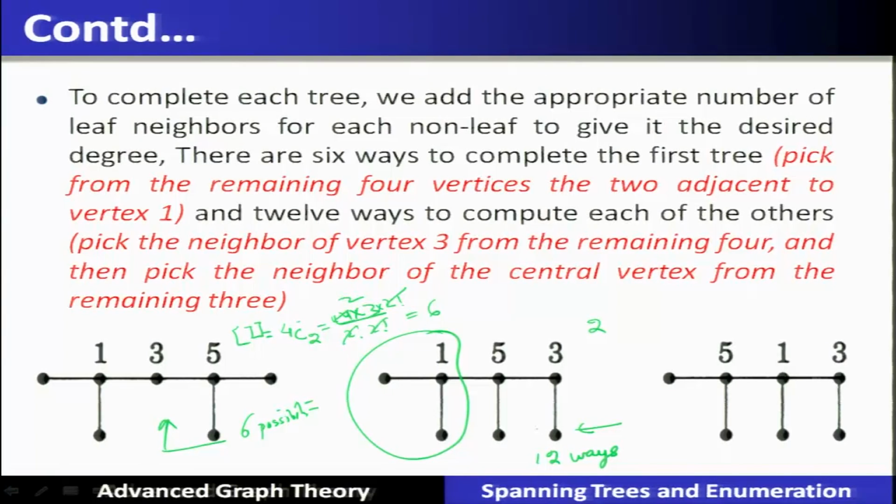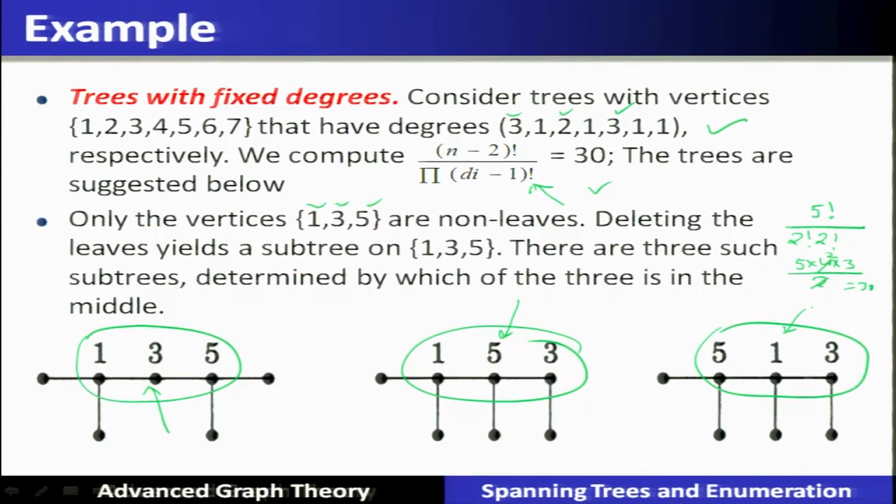So, there are 2 possibilities. 2 into 6, there are 12 different possibilities. Similarly, here it is also the same, that is 12 possibilities. So, total possibilities 12 plus 12 plus 6 become 30. So, 30 different trees are generated this way.